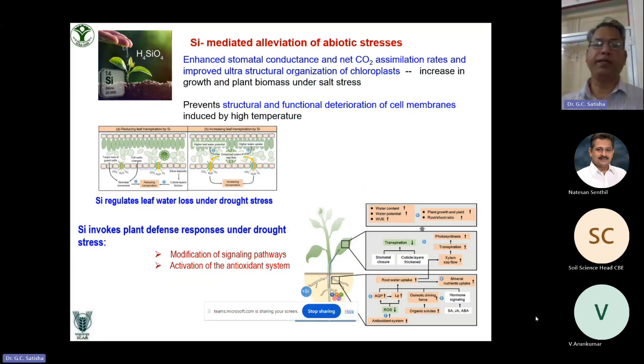And most other important is it regulates the leaf water loss. Because of the thickening of the cuticle layer, the transpiration rate is drastically reduced. In such cases, the loss of water will be reduced, so the ability to withstand drought conditions is better.